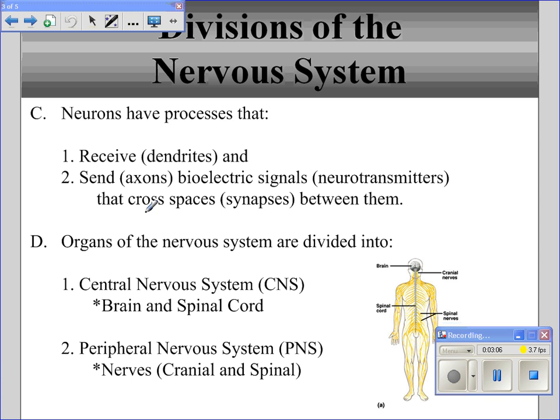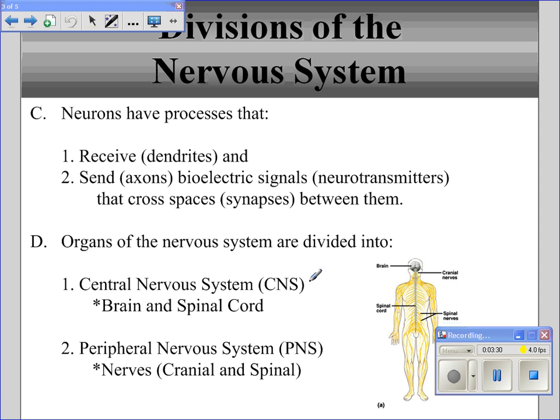And then that neurotransmitter has to diffuse across a space, and that space is called the synapse, and that's where our neuron meets some other object, whether it's a muscle cell or a stomach cell or a heart cell or whatever the case may be. There's going to have to be that space that it diffuses across and then causes some action.